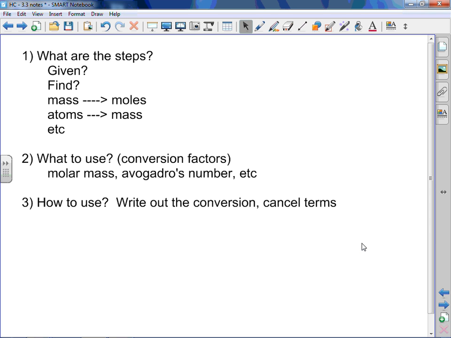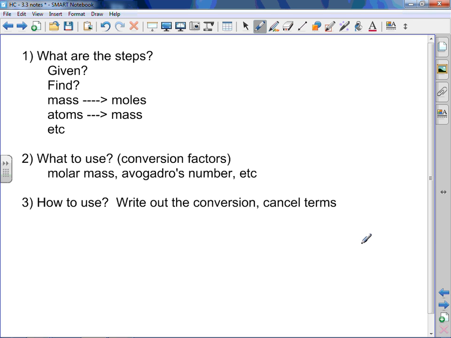Now, the second thing is to think about what conversion factors I have to use. Oh, I have to use molar mass, but I don't need Avogadro's number. For maybe another problem, I have to use Avogadro's number and molar mass. Then the last thing is you've got to decide how do I use them? Am I multiplying or am I dividing? Write it out so that you can cancel terms.